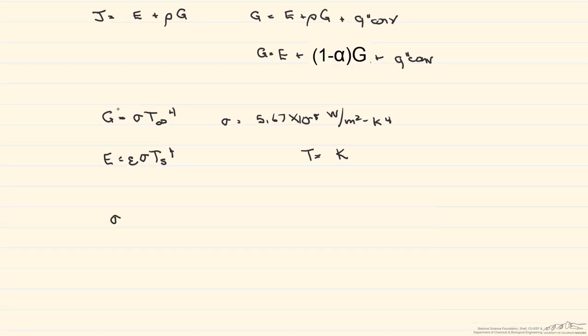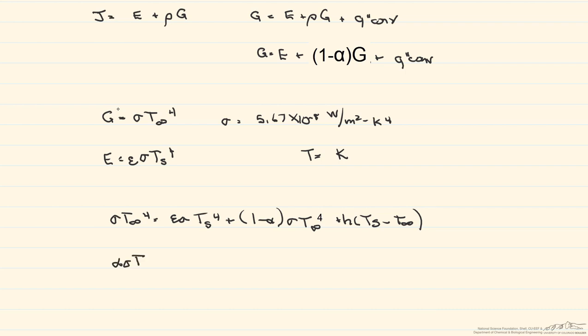We have that sigma T infinity to the fourth is equal to epsilon sigma Ts to the fourth, plus (1 minus alpha) sigma T infinity to the fourth, plus h times (Ts minus T infinity). Or simplify it even further, alpha sigma T infinity to the fourth is equal to epsilon sigma Ts to the fourth plus h times (Ts minus T infinity).